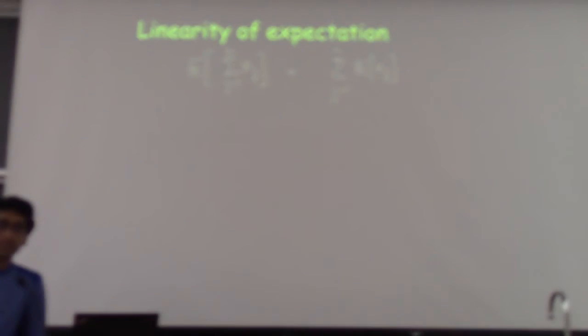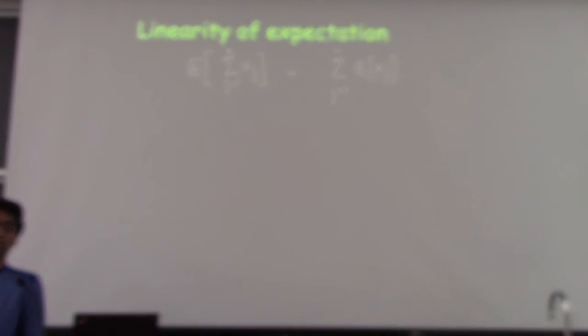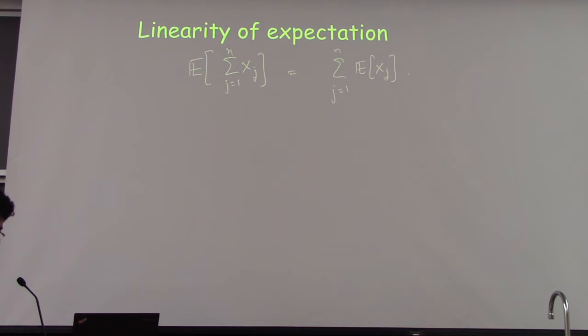In your homework you'll see a problem where, if you try to do this without using this, you might be able to if you are really good at manipulations, but otherwise it will be very difficult. If you try to use the definition of the probabilities and so on, it's going to be very messy. In this case it's relatively easy, and let me state this formally.